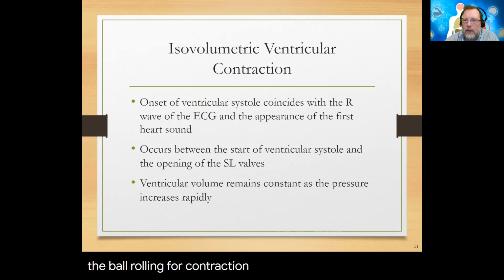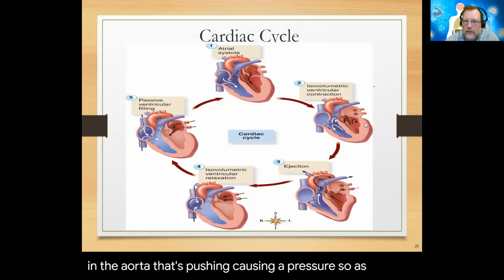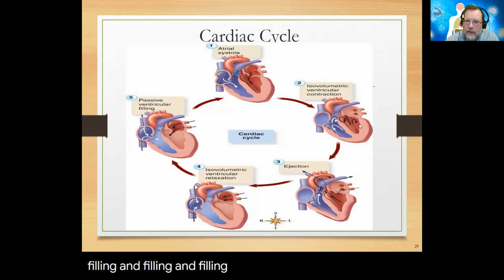And again, we're getting that afterload. Afterload is pushing against. So in the isovolumetric phase, you've got afterload, you've got blood in the aorta that's causing a pressure. As we're filling and filling, part of that is because there's a pressure.